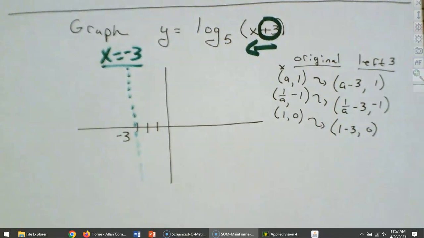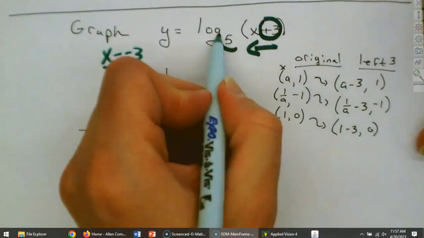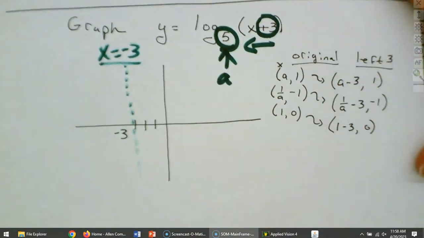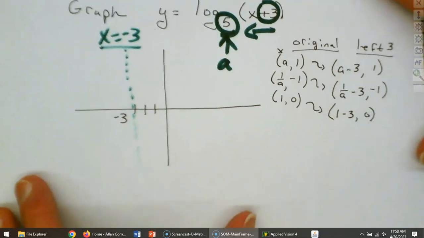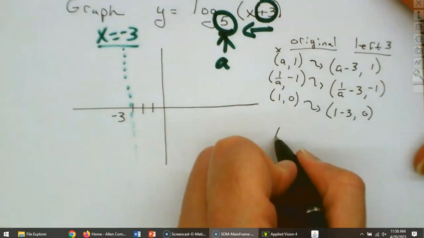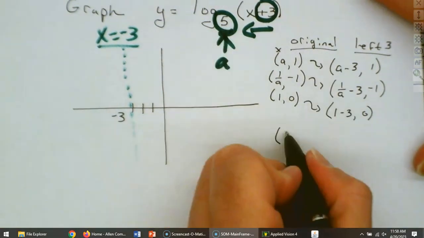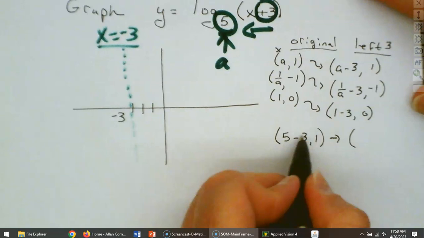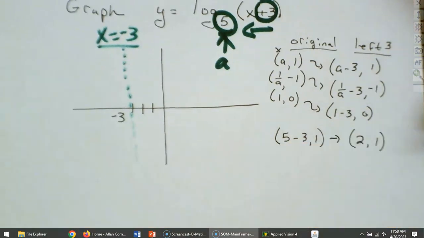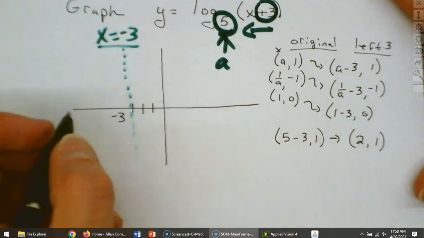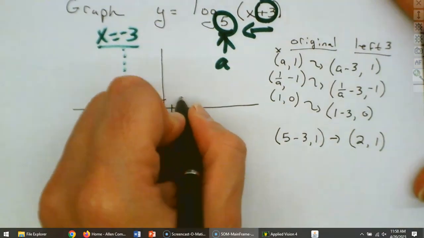So what are our new points? That again is your a. So let's fill in our new points and see what we have. Well, our first one, base is 5. So that's 5 minus 3, comma 1, which is 2, comma 1. Let's plot them as we get them. So it's 2, comma 1, over 2 and up 1.